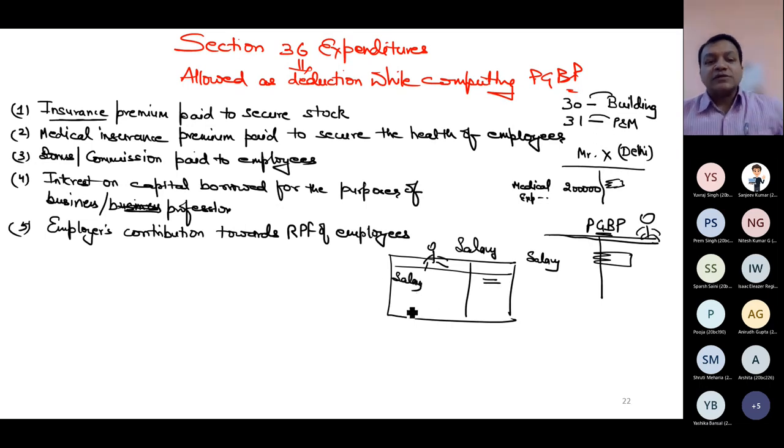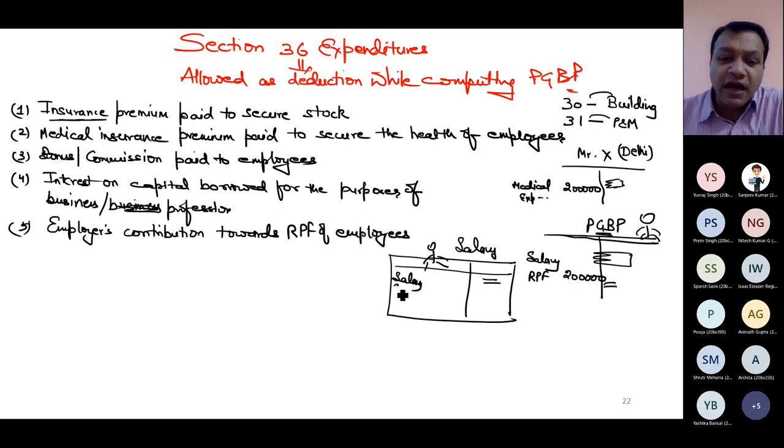That's it. So similarly, maybe the employer has contributed 2 lakh rupees in employees' RPF. It is allowed as deduction to the businessman. But when the same employee will include this RPF, can you tell me how much he will include?